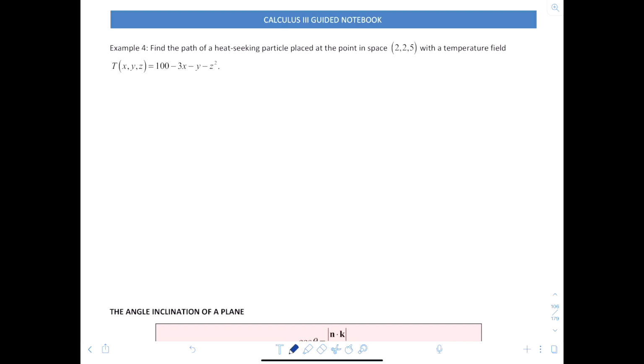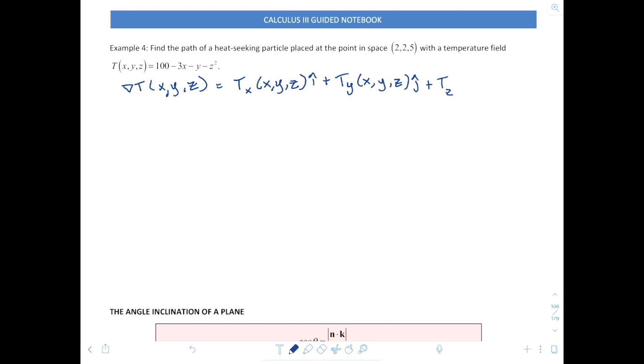Okay, so del T at (x, y, z), if you recall, is going to equal Tx at (x, y, z) times i plus Ty at (x, y, z) times j plus Tz at (x, y, z) times k.